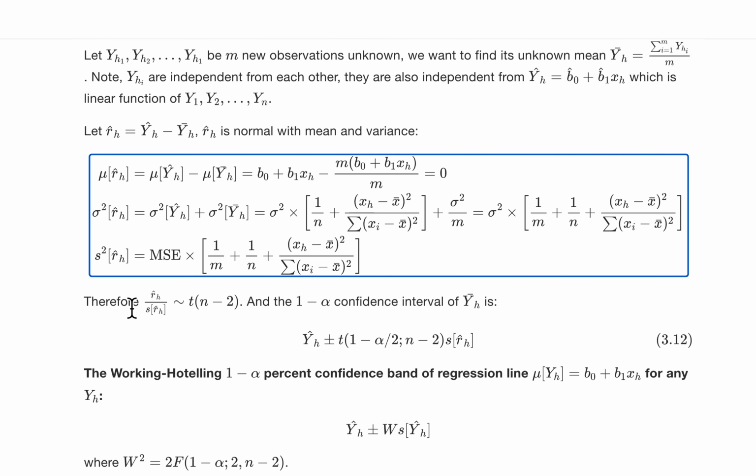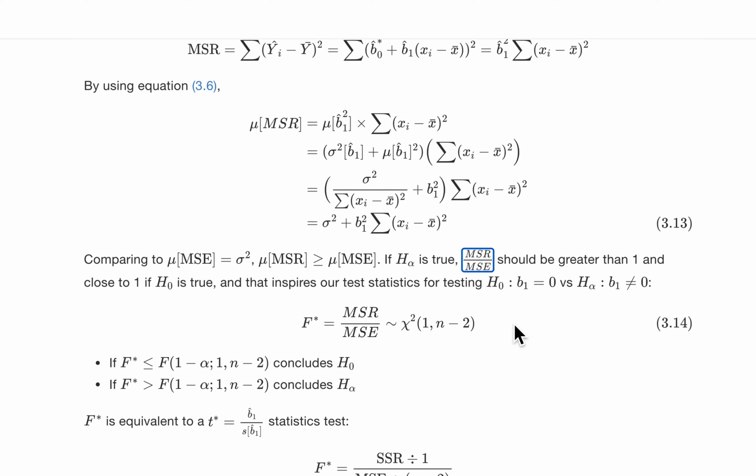So we see that the expected value of MSR is always greater than or equal to the expected value of MSE. So if H alpha, the alternative hypothesis, is true, then MSR divided by MSE should be greater than 1, right?